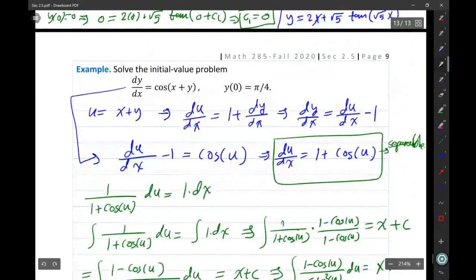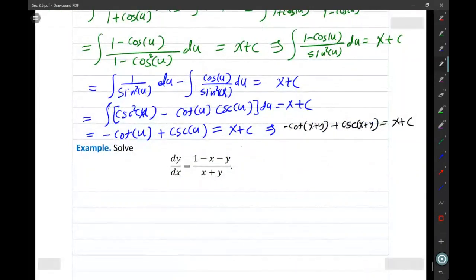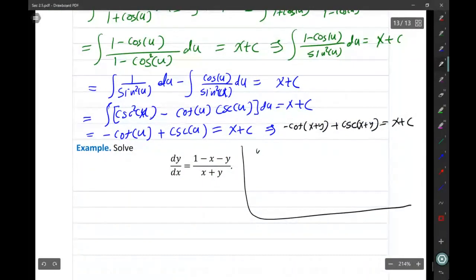But here we have y of 0 is equal to pi over 4. So replace each x by 0 and each y by pi over 4.